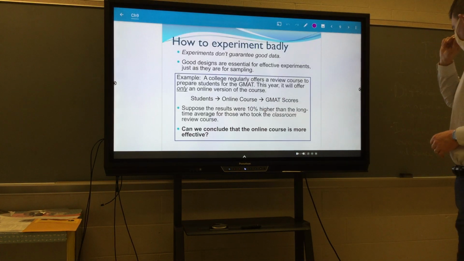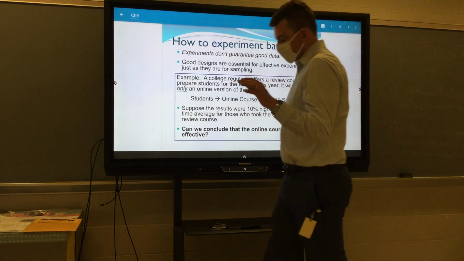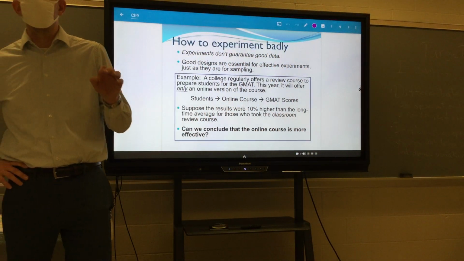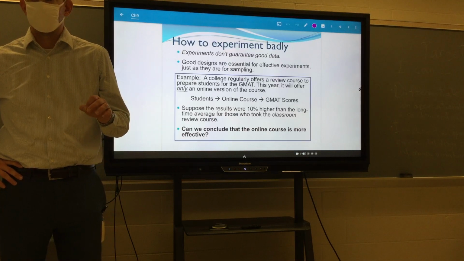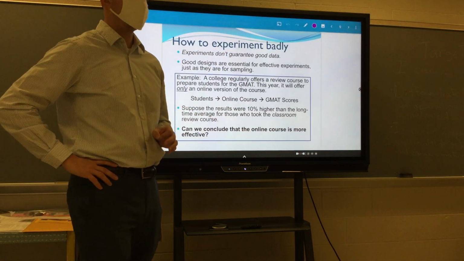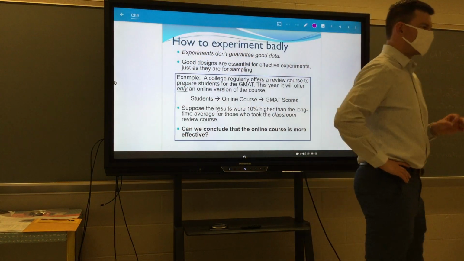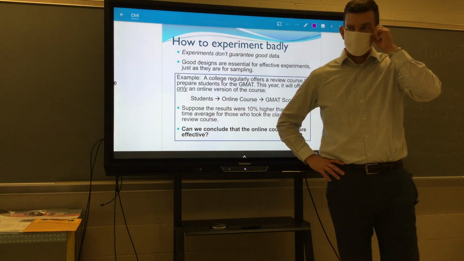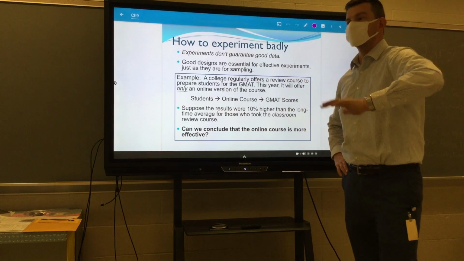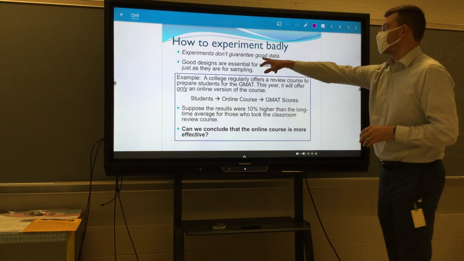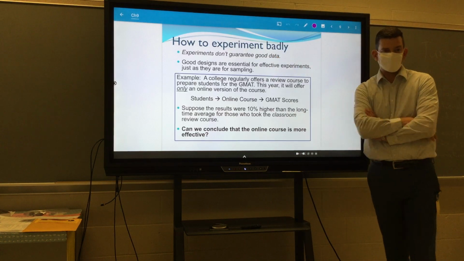Now, we did say that an experiment has the possibility of concluding causation. The one thing causes this change in the response variable. That doesn't necessarily mean that everything is good or smooth sailing from there on out. Experiments don't guarantee good data.